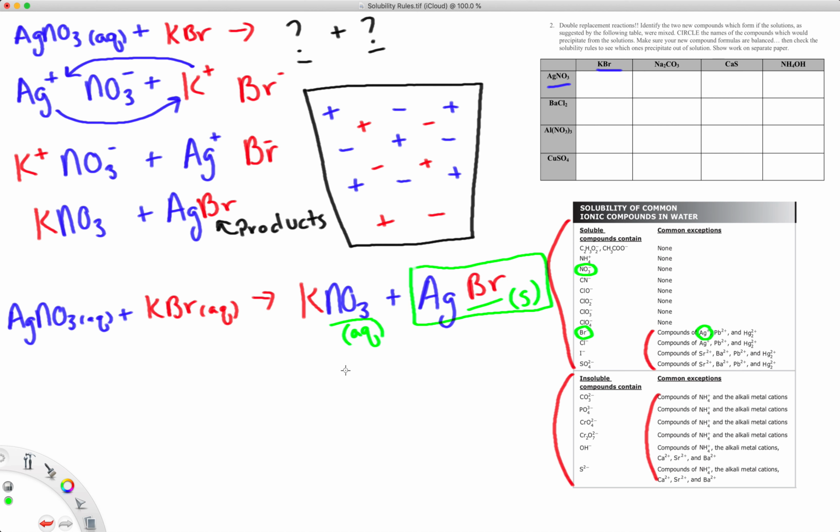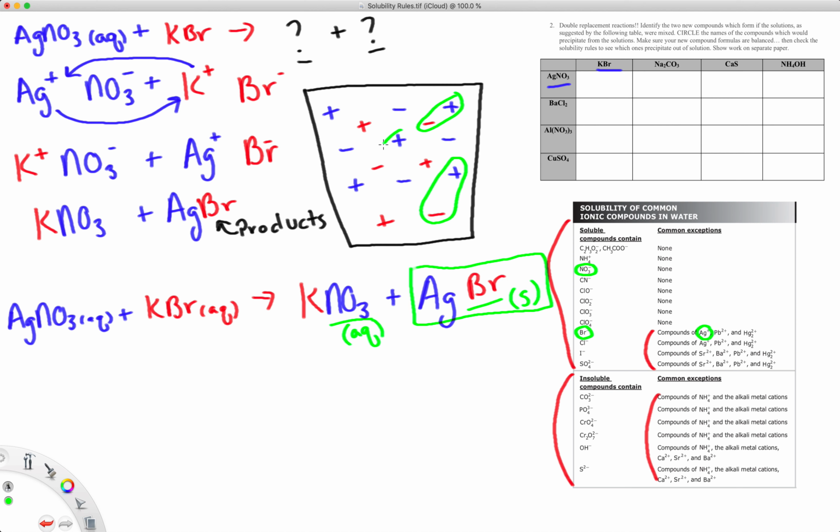Now, if you get a problem and both of your products end up being in aqueous form, that means nothing has really happened. They're still floating around up here. No reaction has taken place. But when we got this solid, that means these positive silvers are pairing up with our negatively charged bromines. They're coming together and forming this solid.